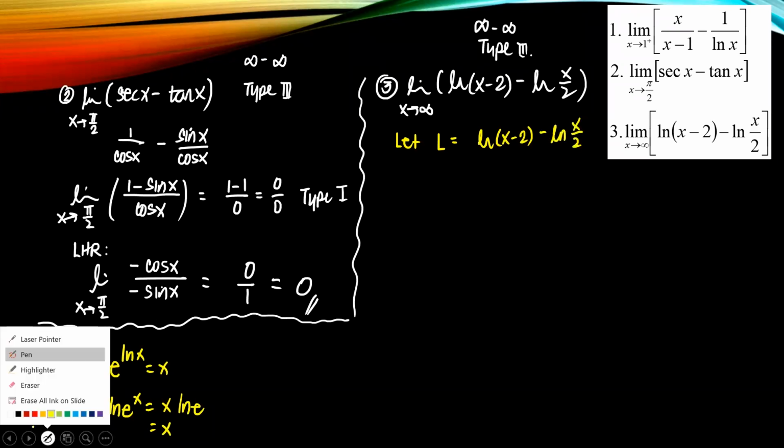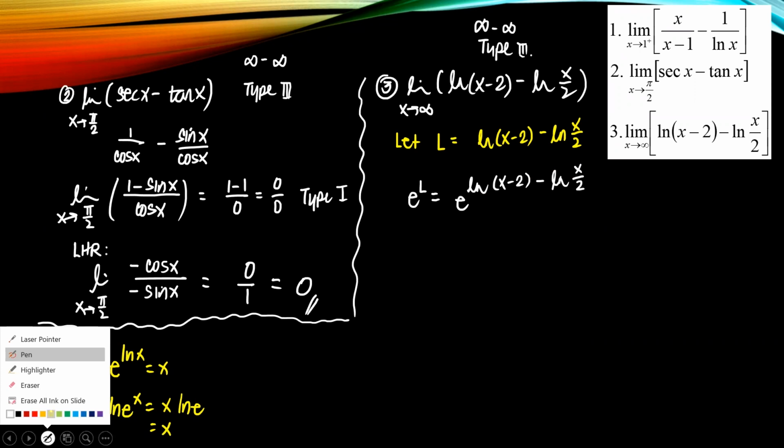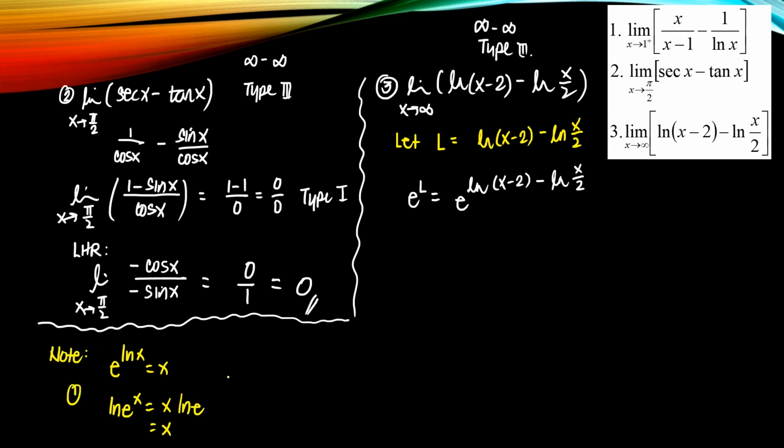If I make it, guys, like this, e to the L, that's e to the ln of x minus 2 minus ln of x over 2. Okay. And also, take note of this. This is note number 1. Note number 2, from your basic algebra, e to the m minus n is actually e to the m over e to the n.